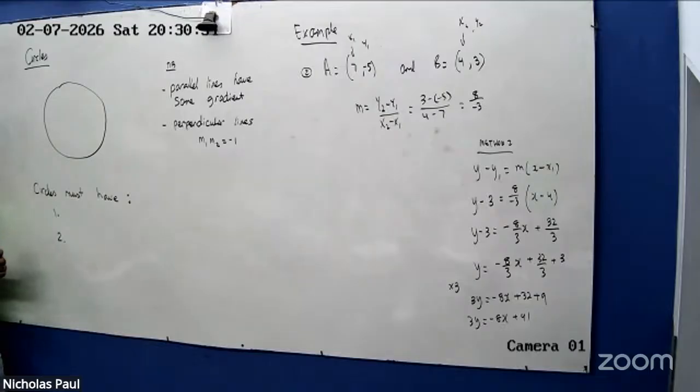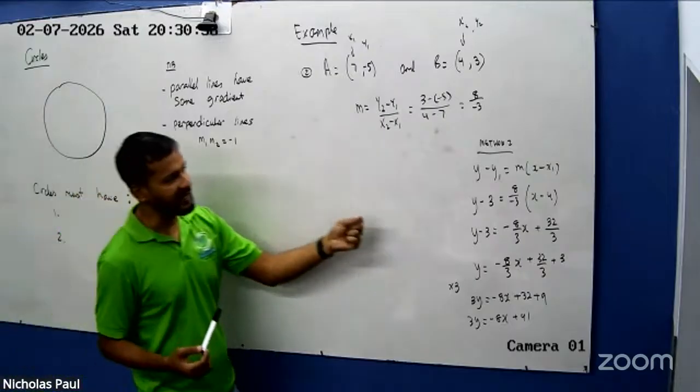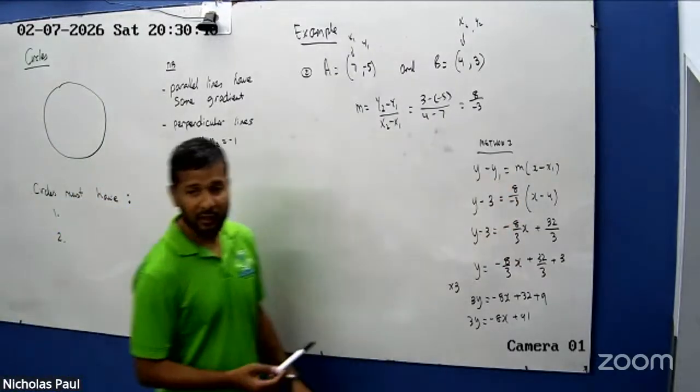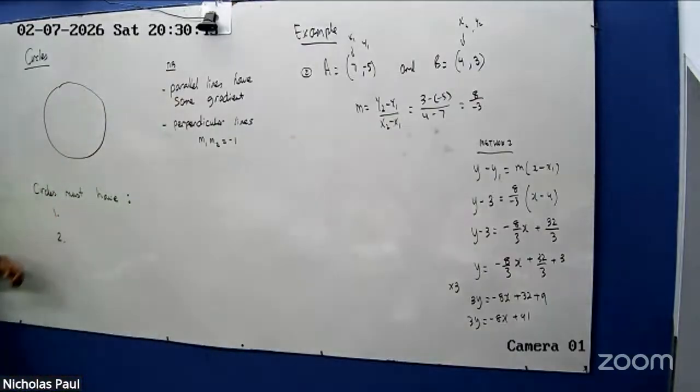A circle must have two things. It's defined by two things. Just like our line is defined by a gradient and c, a circle is defined by two things.